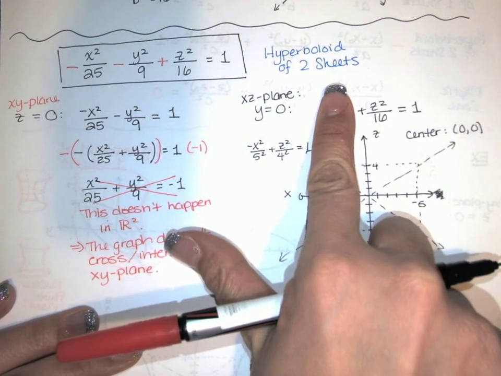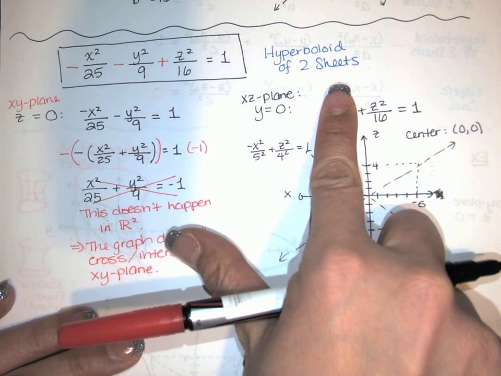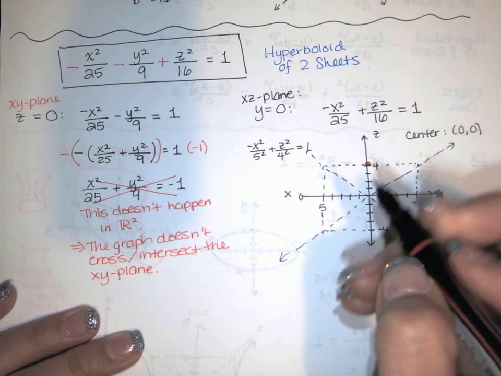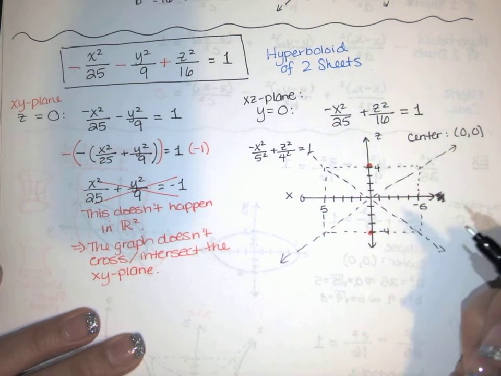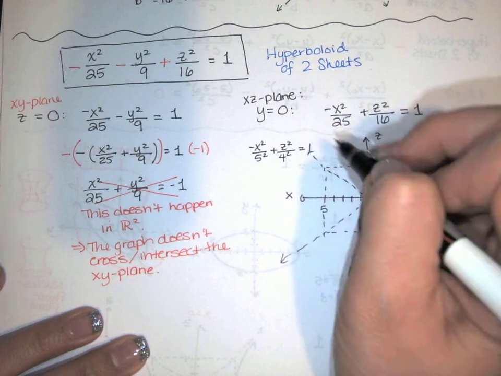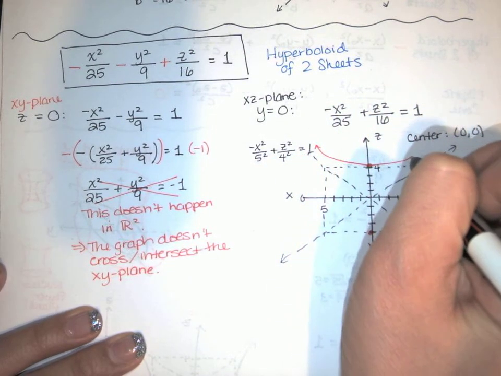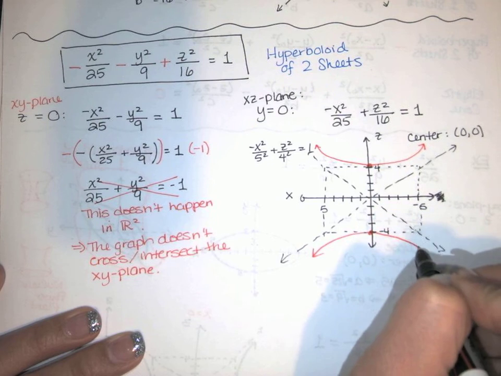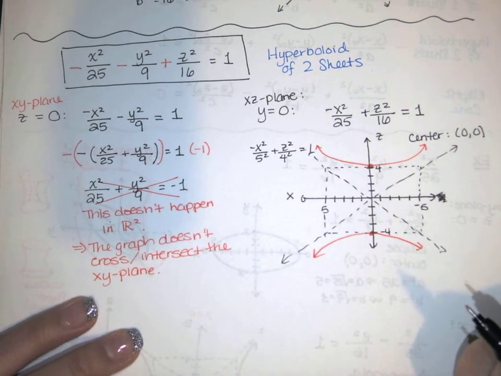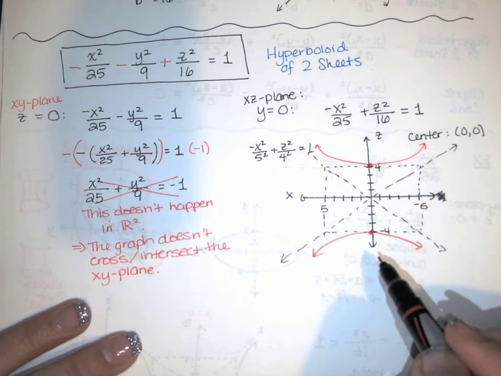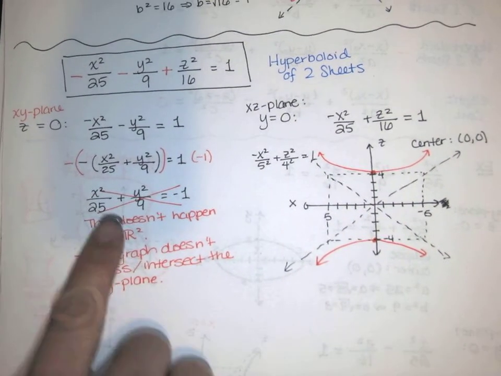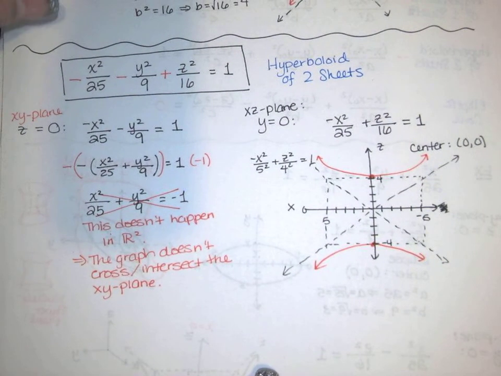So when x is 0, we get z equals plus or minus 4, z squared equals 16. So that points on our graph and that points on our graph. So instead of opening left and right this time, the trace opens upward and downward. So that's what we see in the xz plane. It doesn't cross the plane z equals 0.